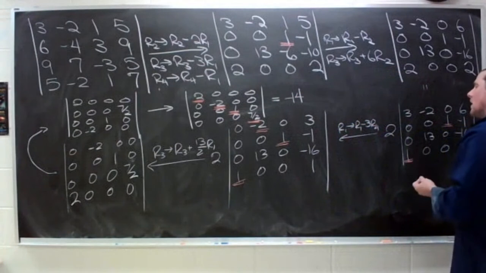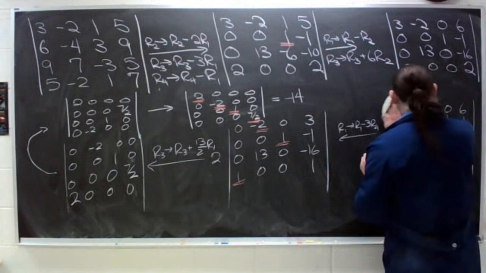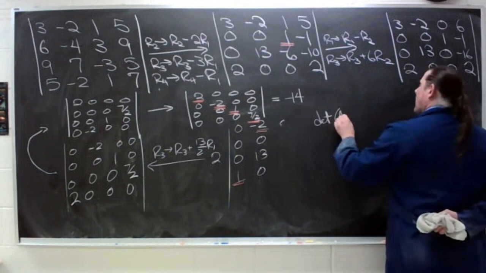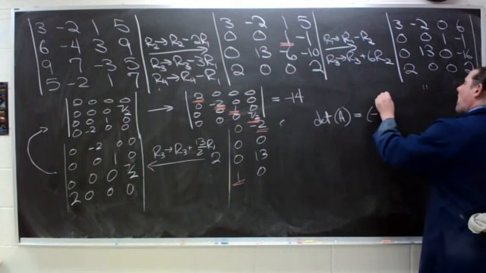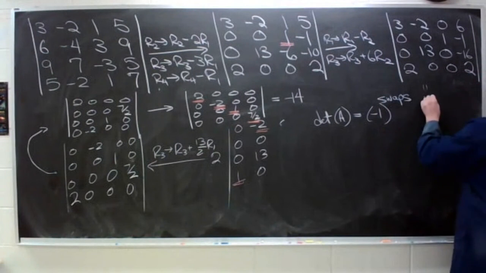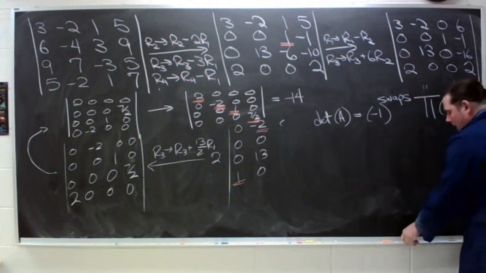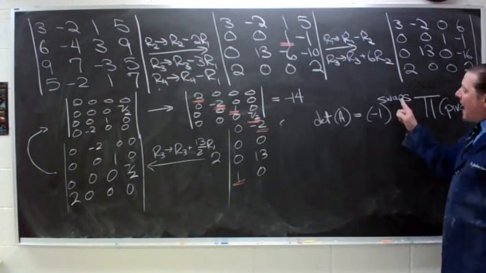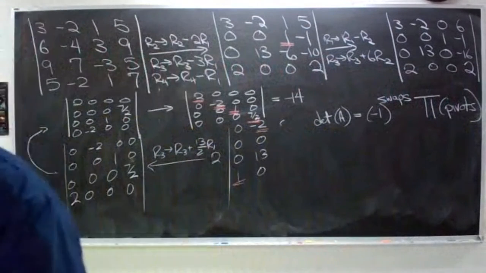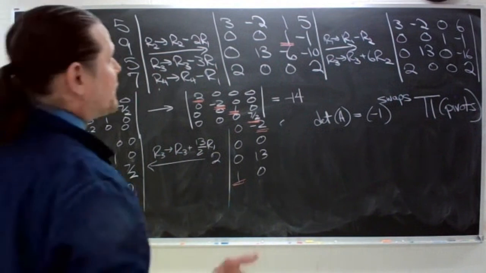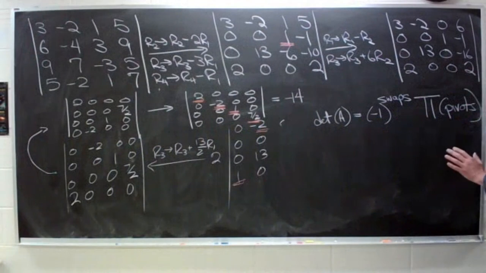But it gives us this nice general perspective. The determinant of a matrix is equal to -1 to the power of the number of swaps we need to make in order to row reduce the matrix to the identity times the product of the pivots of the matrix.